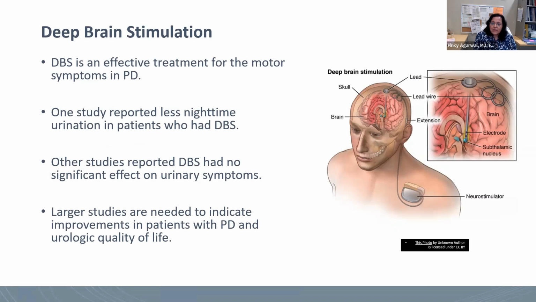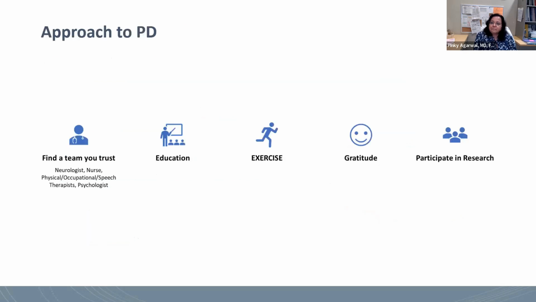One study with deep brain stimulation reported that patients had less nighttime urination. Other studies have reported that DBS had no significant effect, no worsening and no benefit on urinary symptoms. So we definitely need larger studies to evaluate the effect of DBS on Parkinson's overactive bladder symptoms.